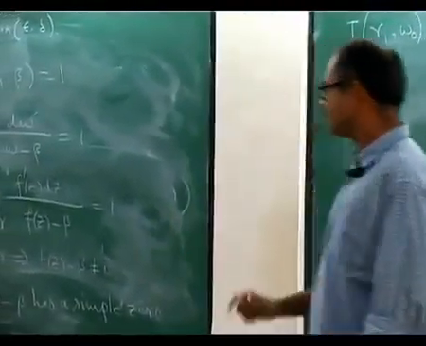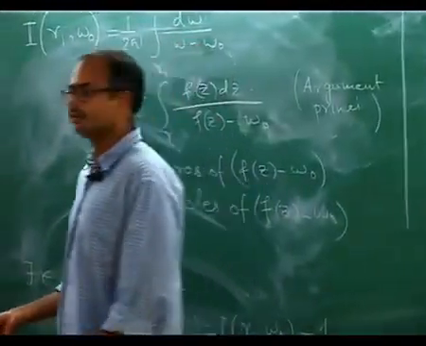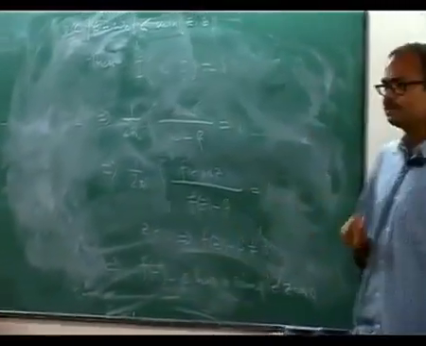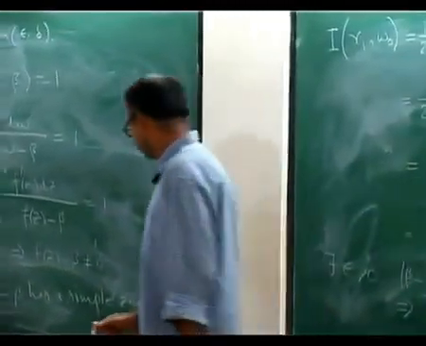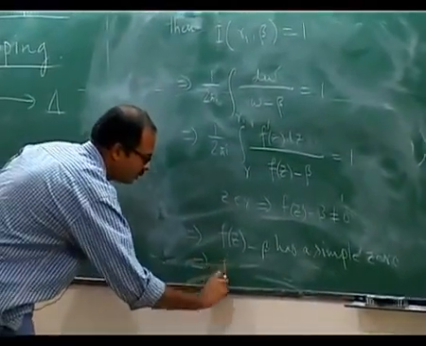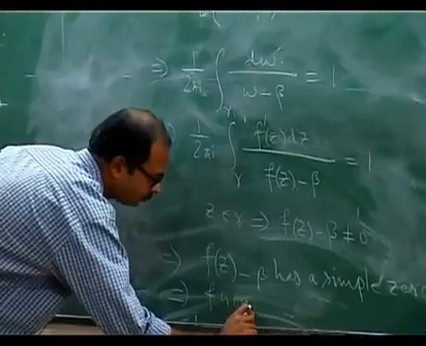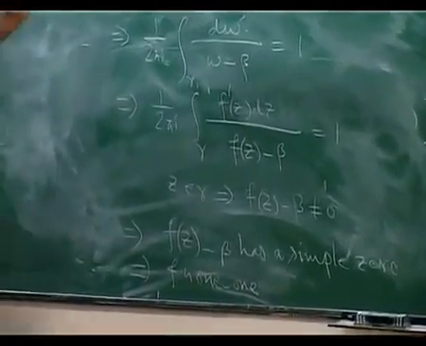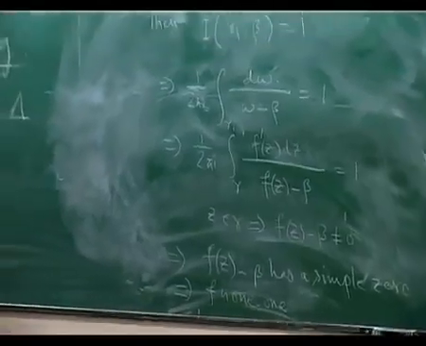So f is locally one-one, if this becomes 0 exactly once, just a simple 0. So that's going to imply that f is one-one, but of course locally in a small disk.